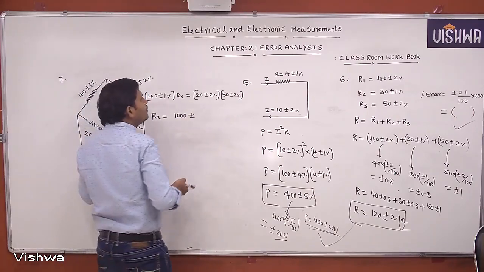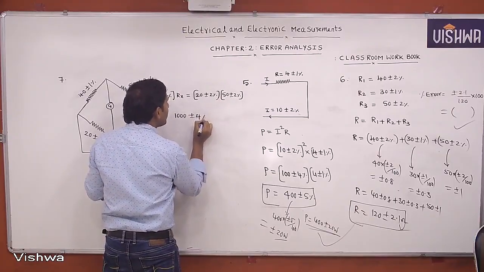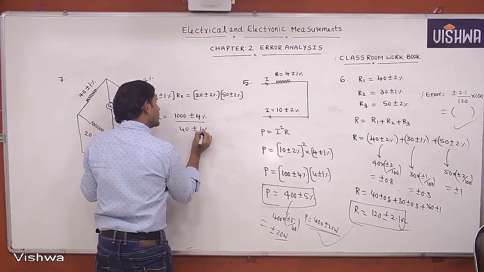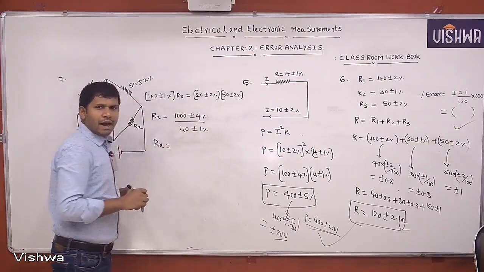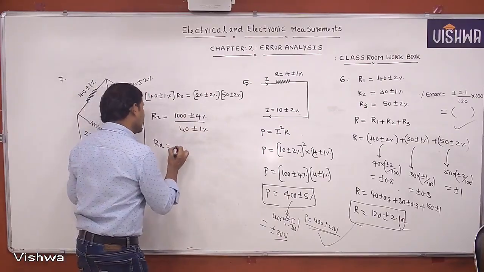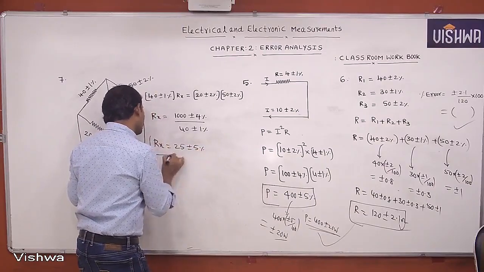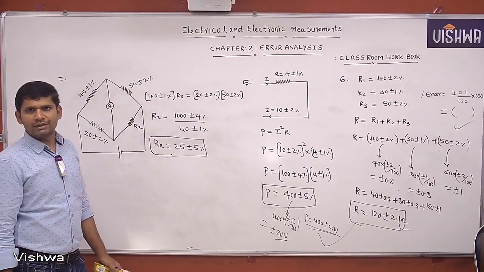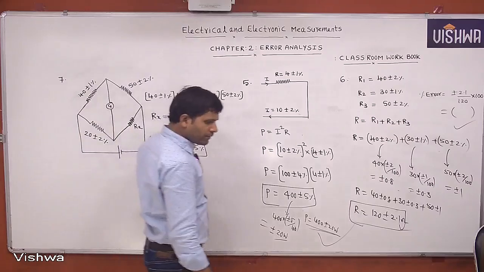That is 1000 plus or minus 2% and 2%, that is 4%, divided by 40 plus or minus 1%. Again we have division, and in division limiting errors are added. How much can you get? 25 plus or minus 5%. Like this we can solve. Clear? Concentrate. Quick, note down.